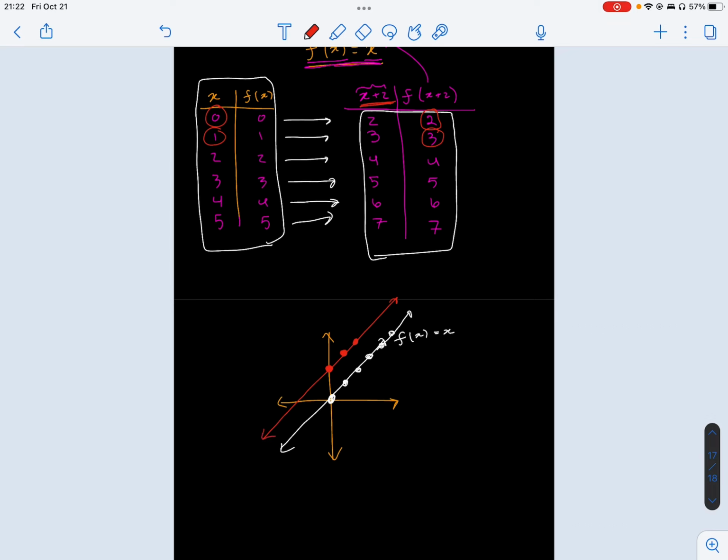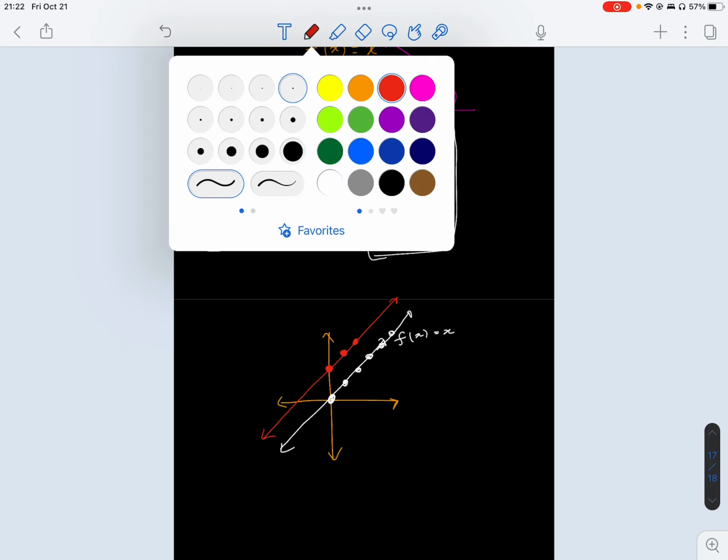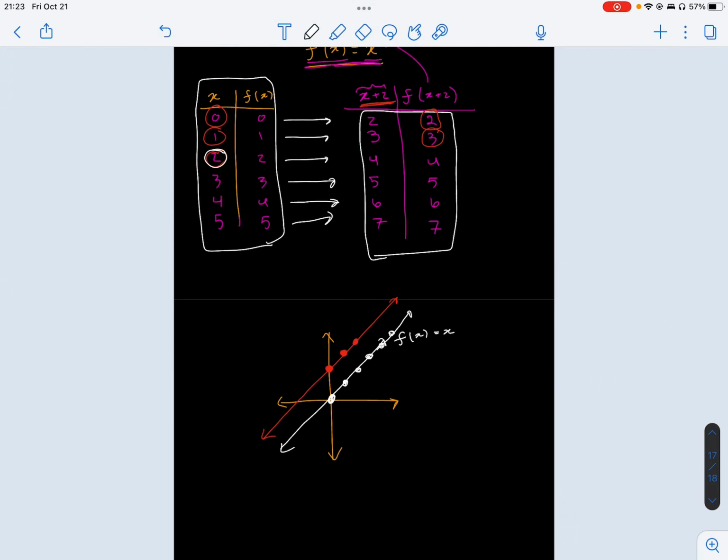Now, what I'm going to notice is the outputs. When I plug the number 2 into my initial equation in white, I'm actually going to circle it in white as well. When I plug the number 2 in, I got an output of 2.